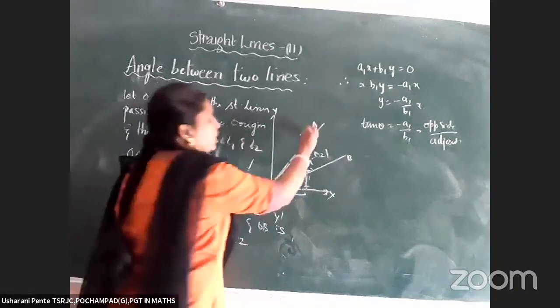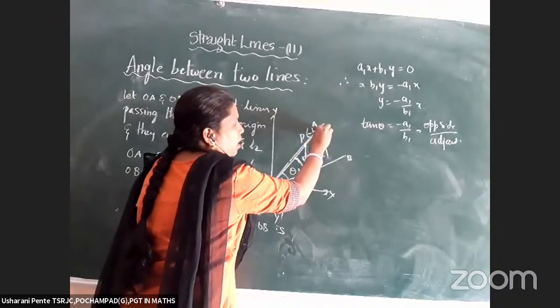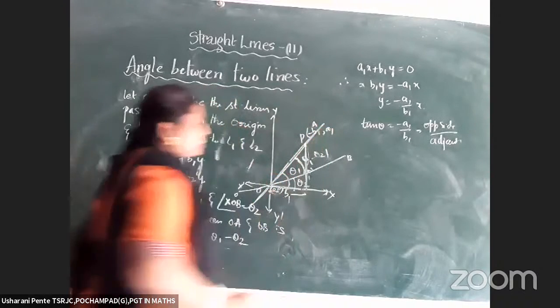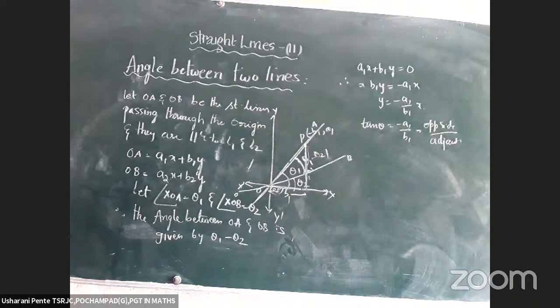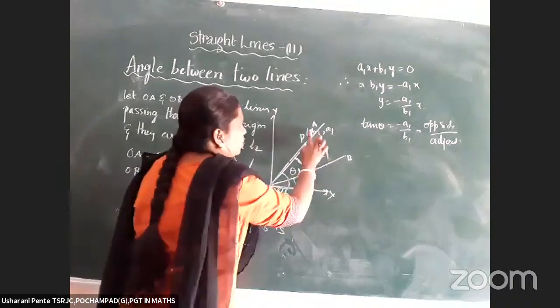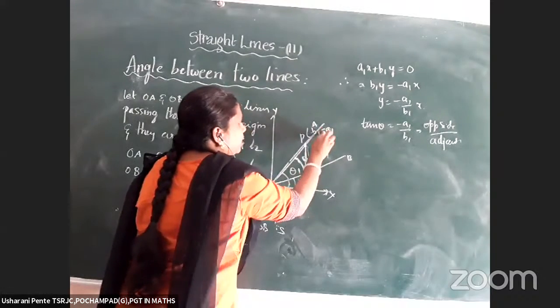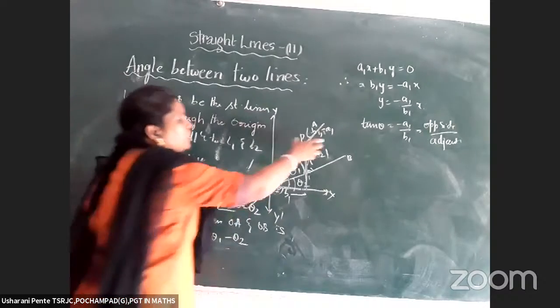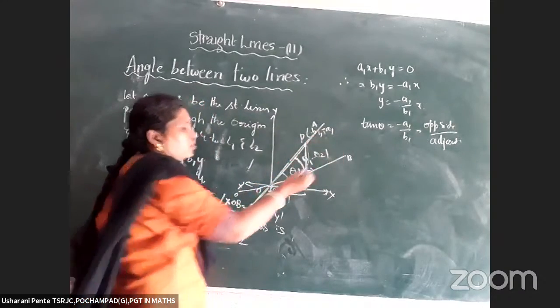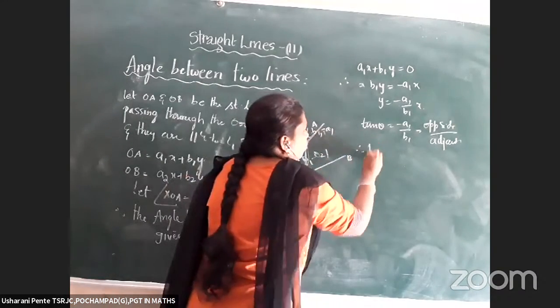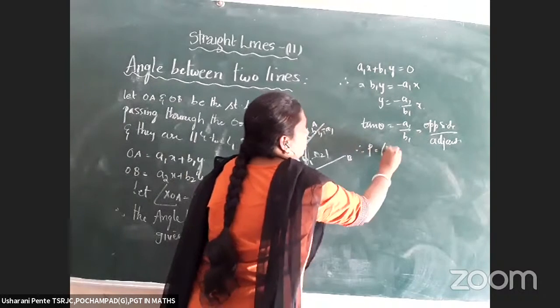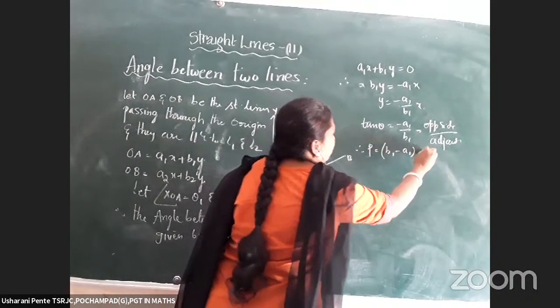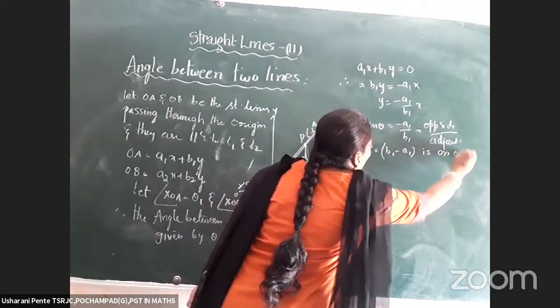So the point is B1 comma minus A1. Therefore P is B1 comma minus A1, on OA.